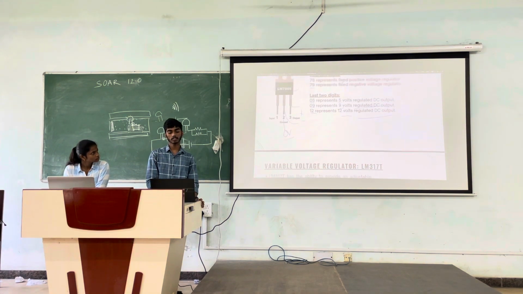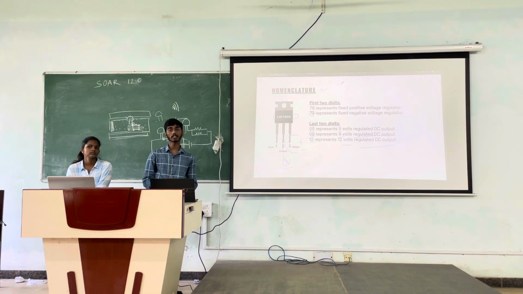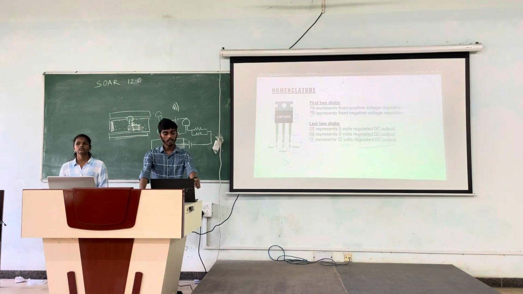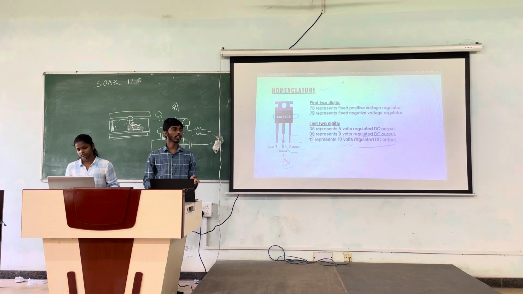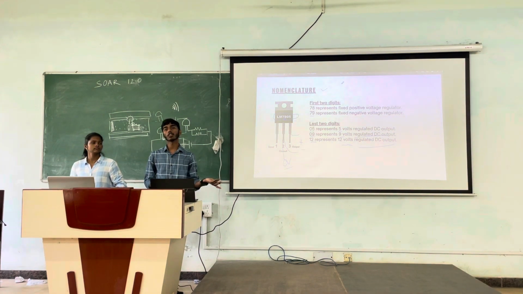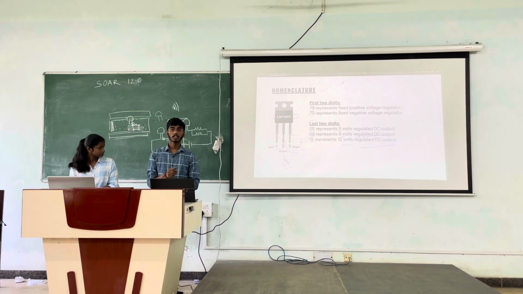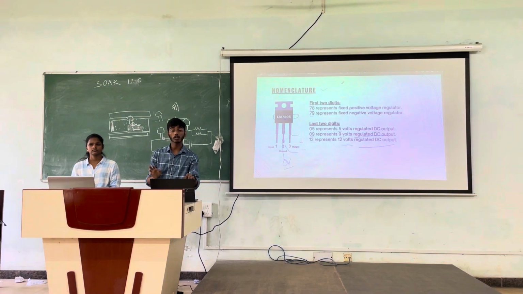So till now we have discussed the fixed voltage regulator. If it is a 7805 IC, can we obtain any other value like 6 volts, 7 volts, any other value using this IC? No, this is just a 7805 fixed voltage regulator IC, so we can only get 5 volts.